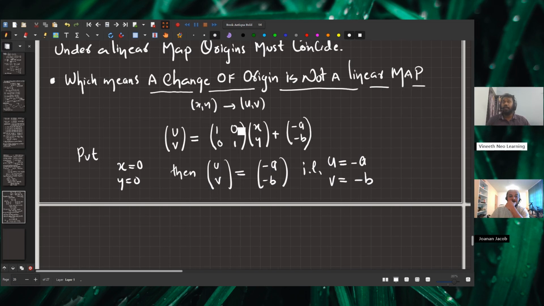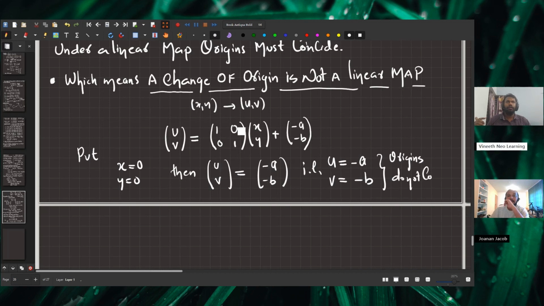If it was a linear transformation, when we put 0, 0 in xy, you should get u equals 0 and v equals 0. You understand the idea? Yes. This vector just represents a translation. This is not an origin; origins do not coincide.